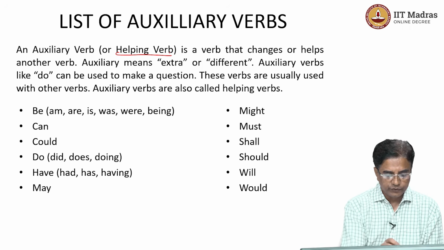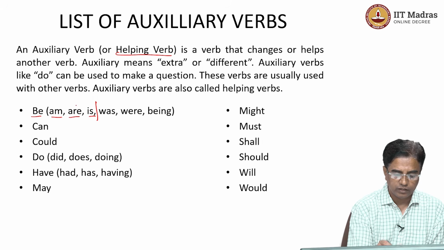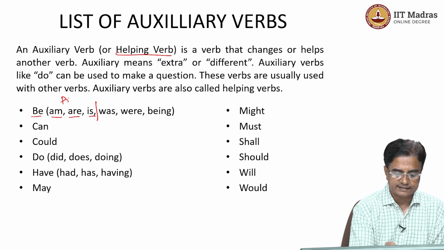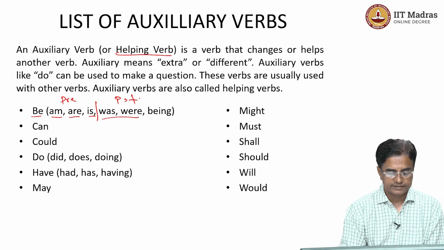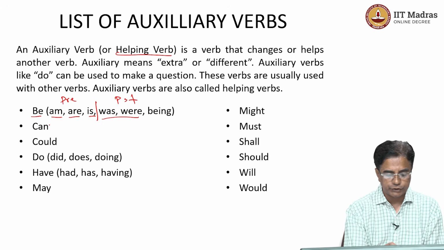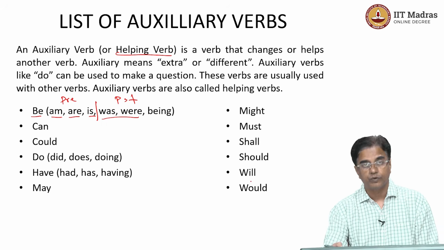So, you can see here we have some examples of verb be. We have am, are, is. They are all about present tense. And was, were, these are past examples. Then we have can, could, do, have, may, might, must, shall, should, will, would.